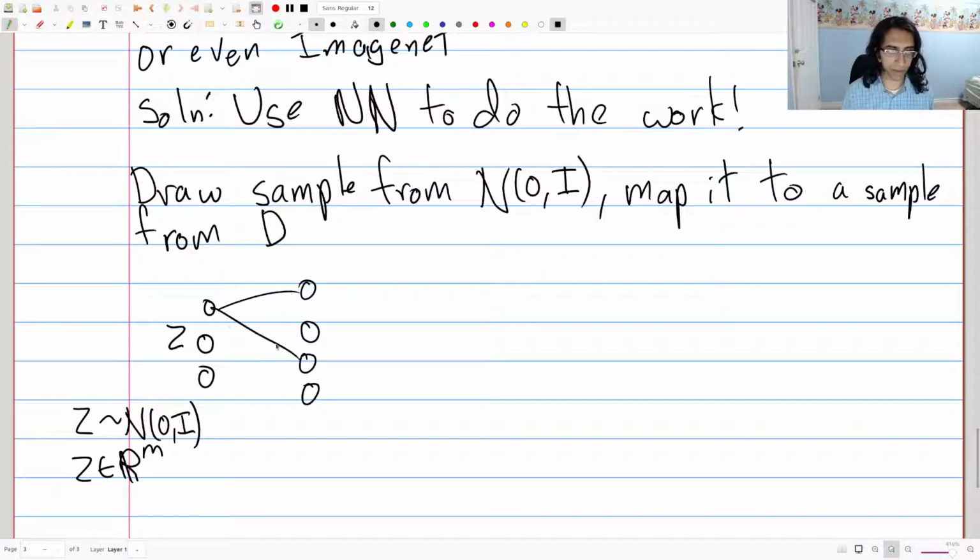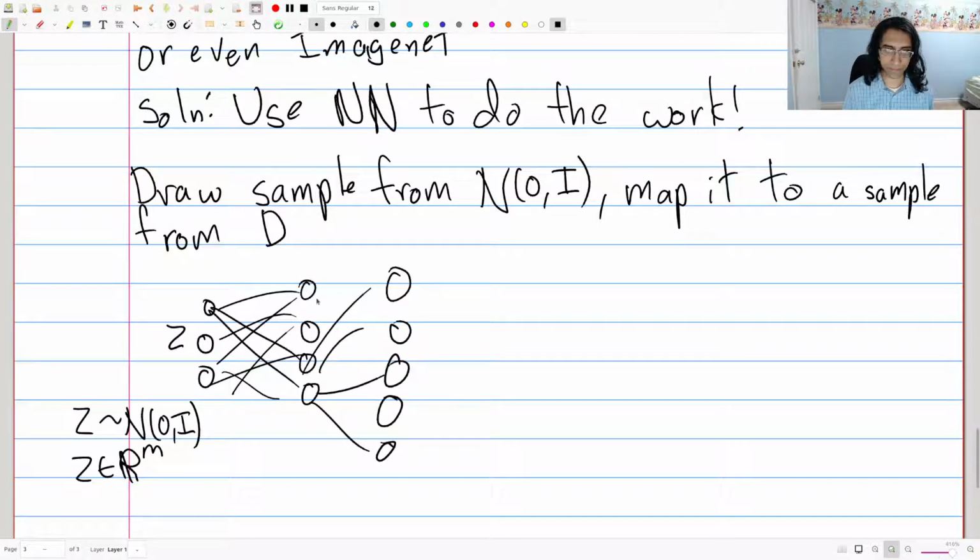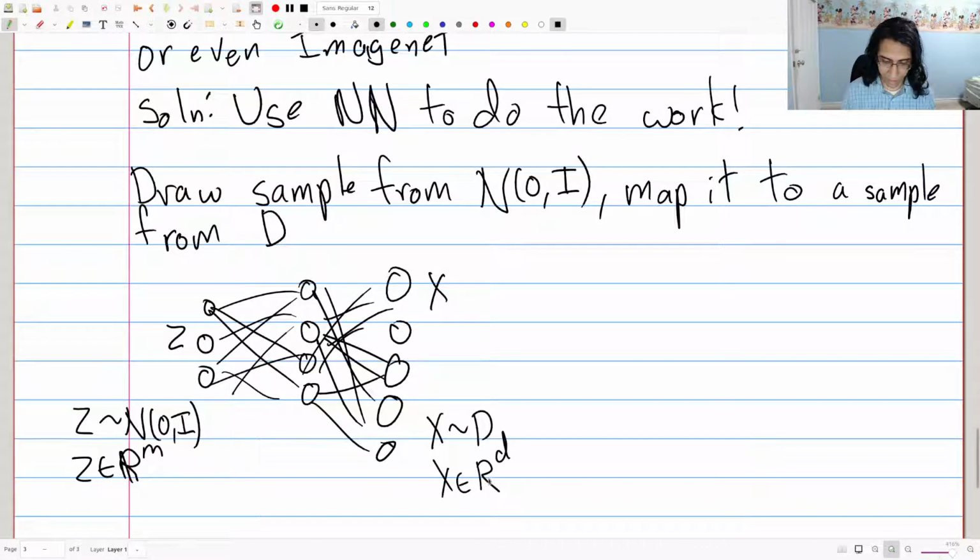Then maybe we have something going on here, and then some more layers like this. Then this output here will be X, and this X is sampled according to D, hopefully, where X is in R^D.